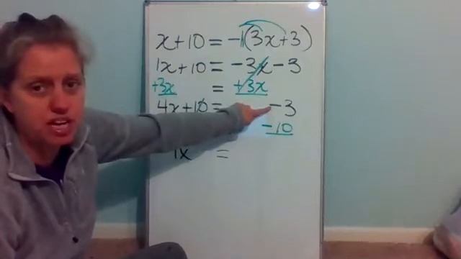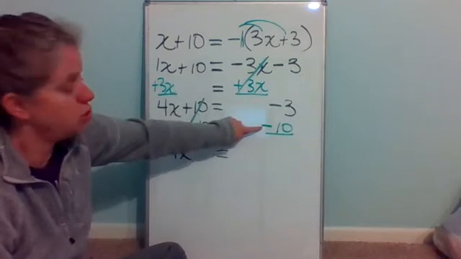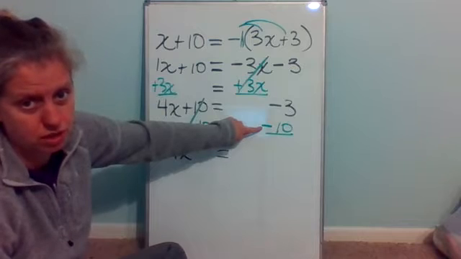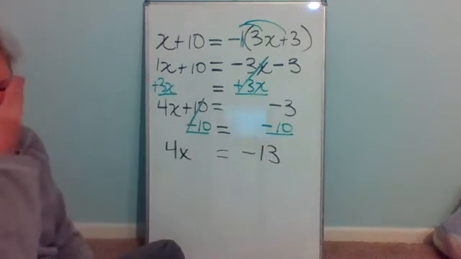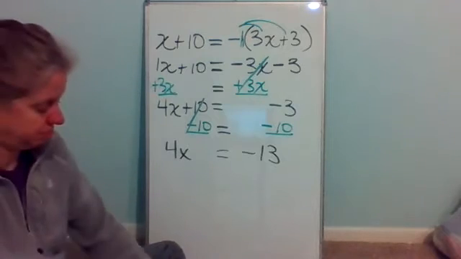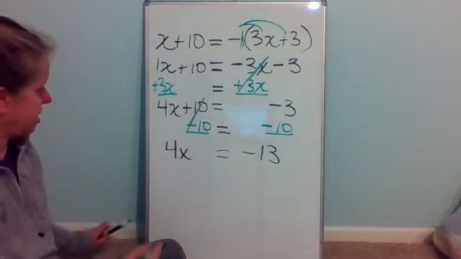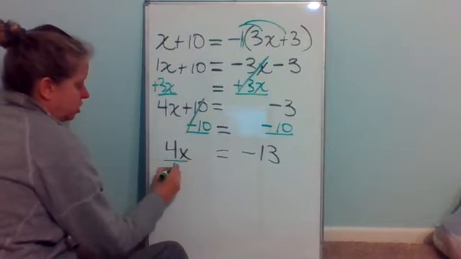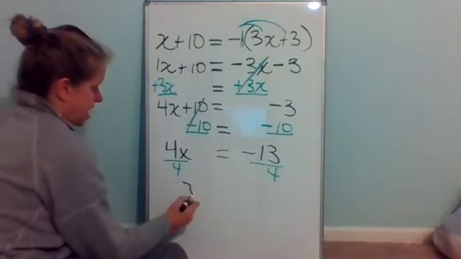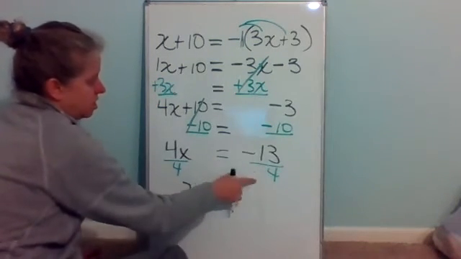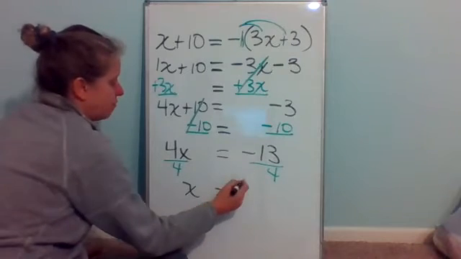If you are -3 degrees and you drop 10 more, then you are at -13. So one more step to get that x by itself. Since the 4 is hooked on, I will divide by it. So let's see, I have x equals this -13 over 4.